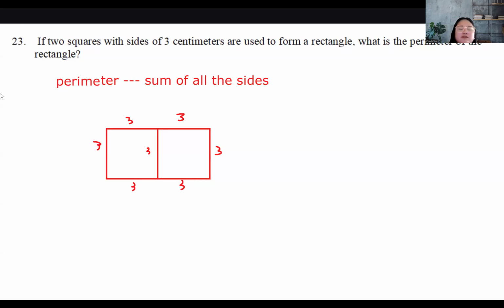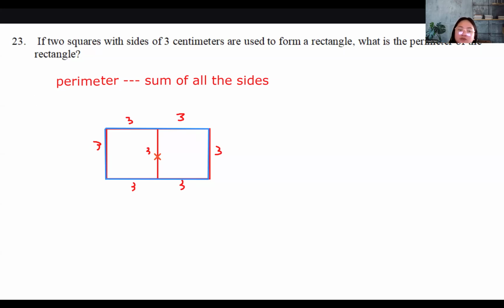But you have to remember the rectangle now is a four-sided polygon. And this one here is not a side again because it is inside the polygon. Okay, so how would you get the perimeter? The perimeter would just be these four lines here. The inside line is not included. So how many threes is that?